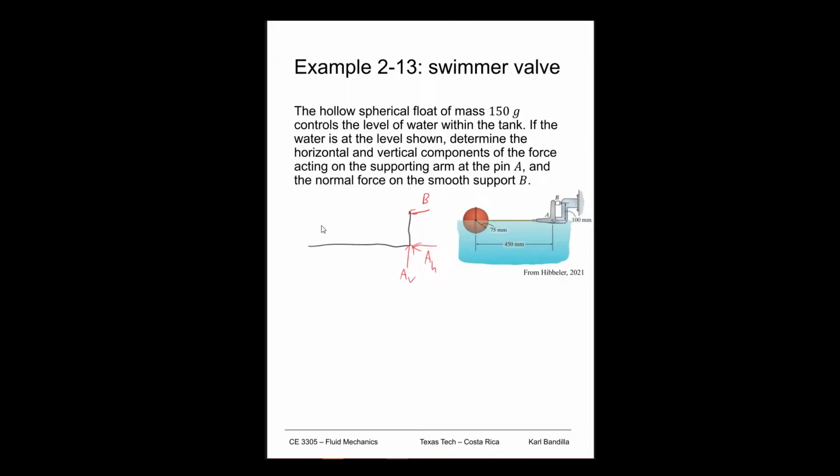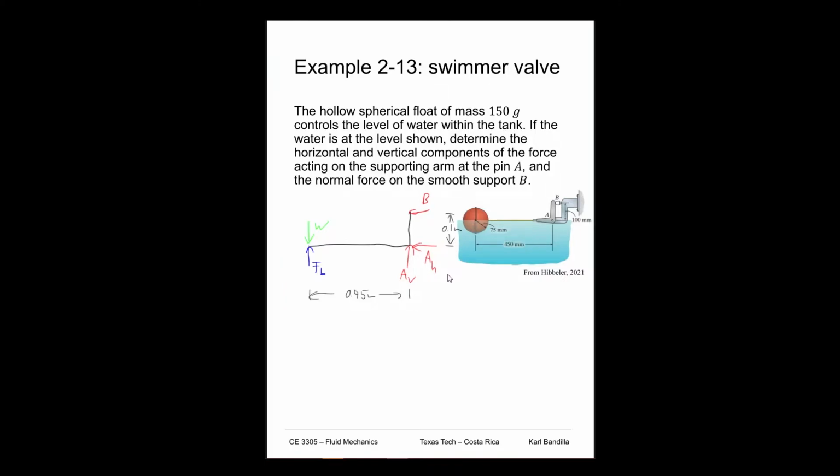We're given the mass, so we know that we're going to have a weight. And of course, half of the ball is submerged in water, so that means there's a buoyant force FB acting upward. We also know that the length of the arm is 450 millimeters, so 0.45 meters, and the height of this arm is 100 millimeters, so 0.1 meters.